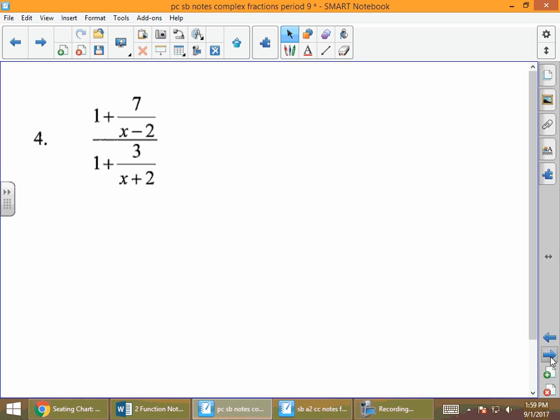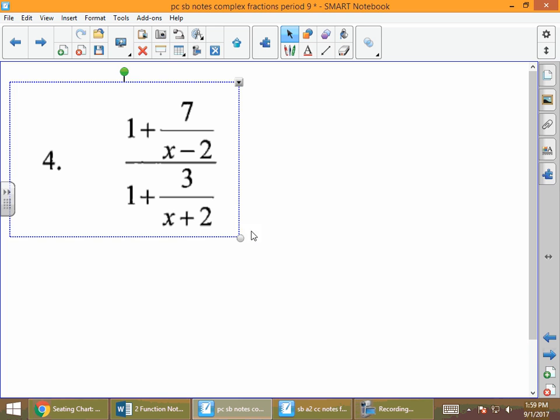So again, looking at two different methods for now. In this particular problem, what I'd like to do is find the least common denominator between all the minor fractions. So first of all, I'm going to make this fraction a little bit bigger so I can write it in a little bit more.